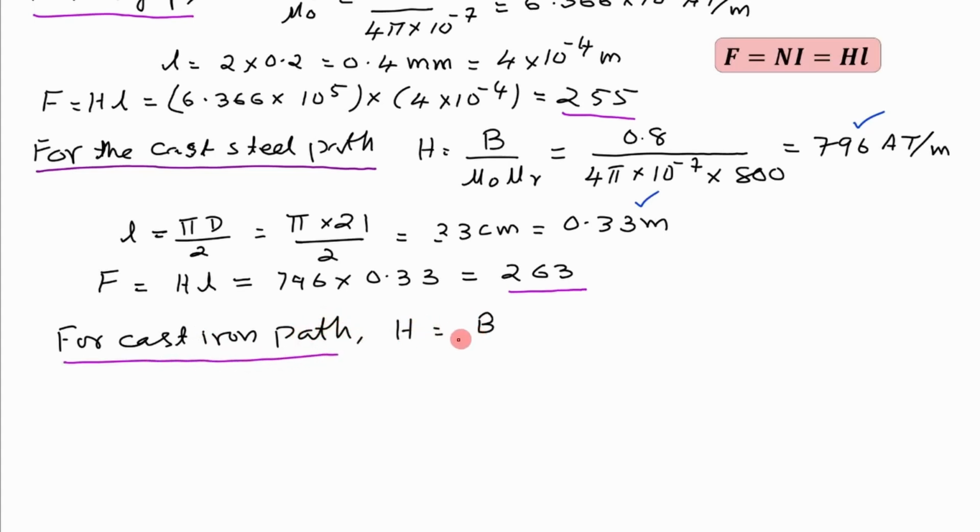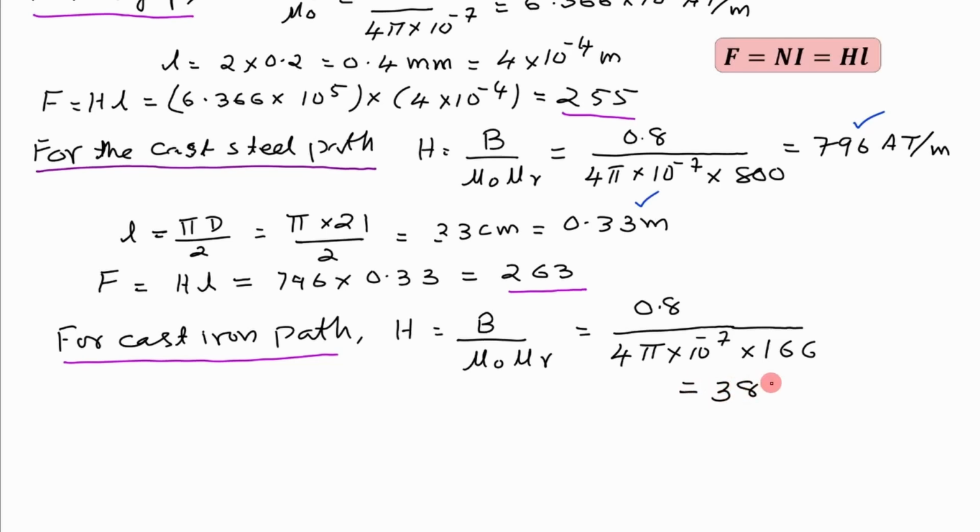Similarly, for cast iron path, H is equal to the same formula, B by mu 0 mu r, that is equal to B is 0.8 divided by 4 pi into 10 raised to minus 7, that is permeability of air, into relative permeability of cast iron, which is given as 166. This gives 3835 ampere turns per meter.